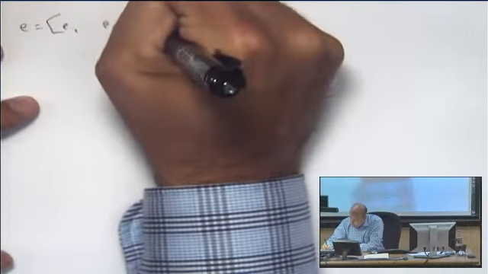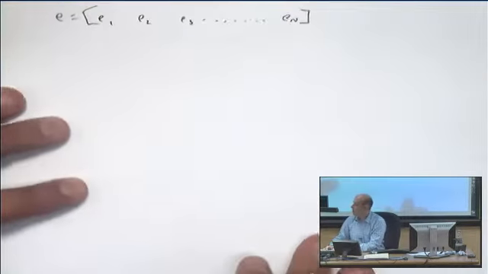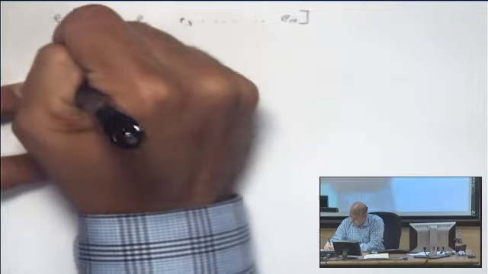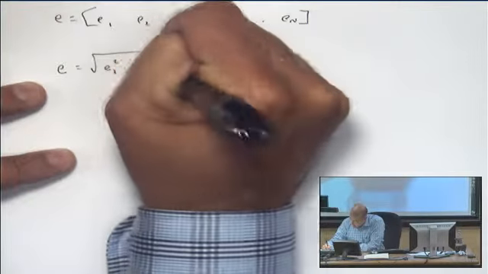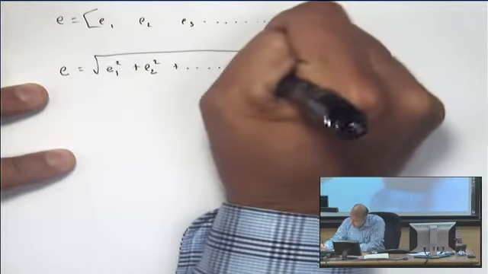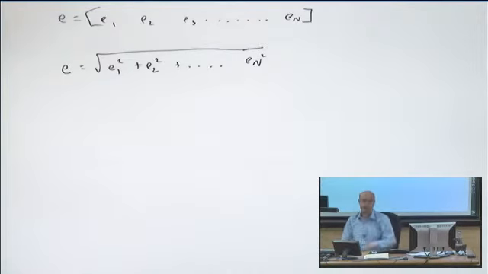So if I've got E1, E2, E3, all the way to En, the norm of E would be the square root of E1 squared plus E2 squared plus all the way to En squared. So it's always going to be a positive number.